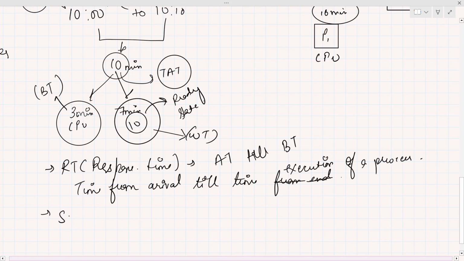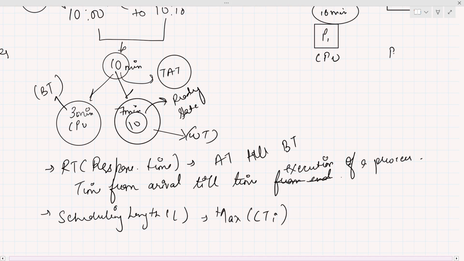After response time, we have scheduling length as well. By its name it is clear what it is: basically the length of the schedule. You understand this with the help of a formula. We have numerous processes, let's say P1, P2, P3, P4.